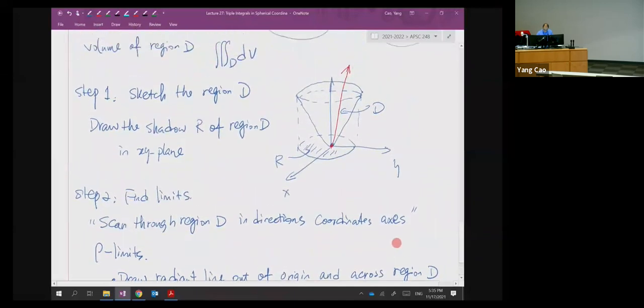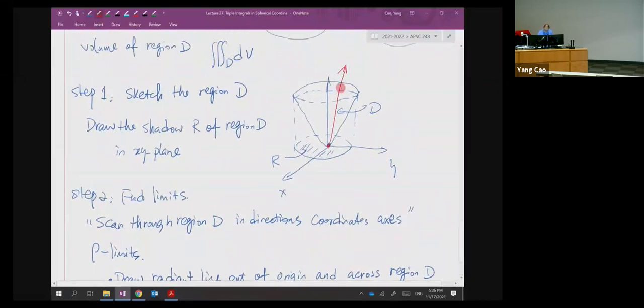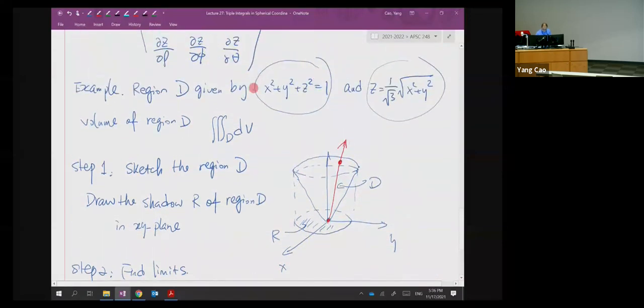The second contact will give you rho max. Rho max is the location where it hits the top surface of the region D, and the top surface is the spherical surface. This is your sphere here. So what do you think the rho value is when you hit the top here?